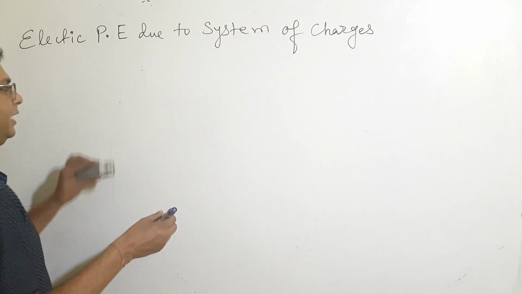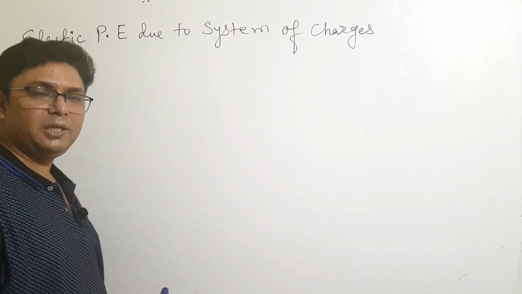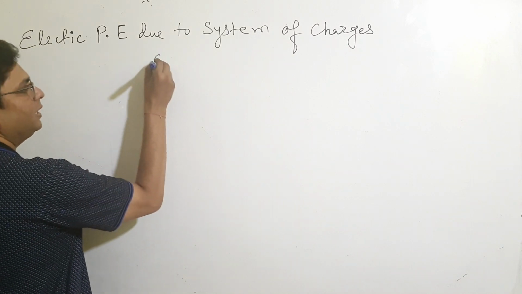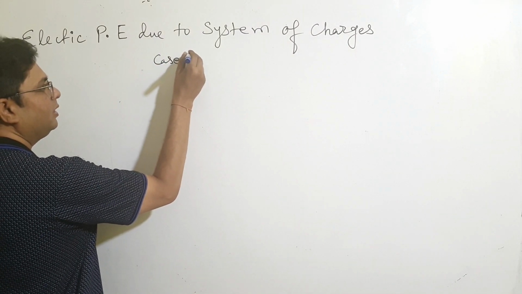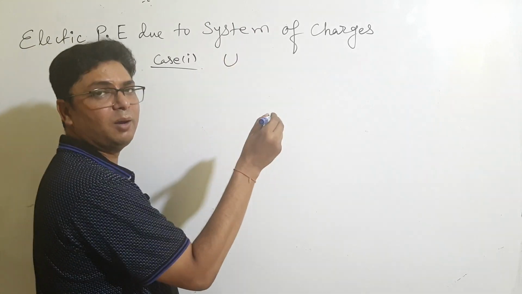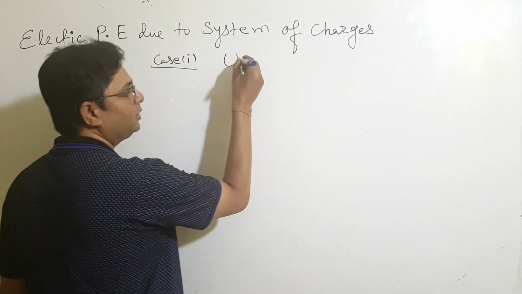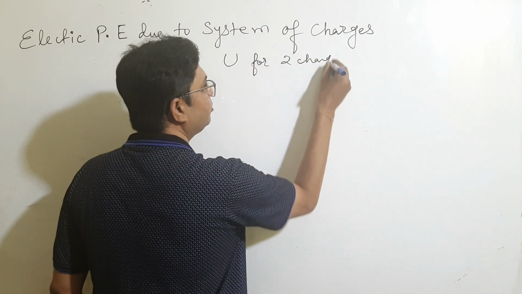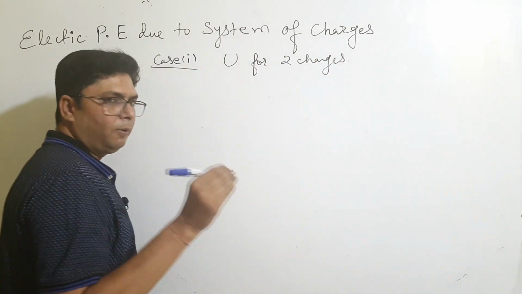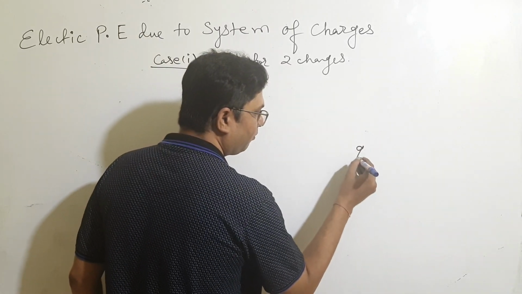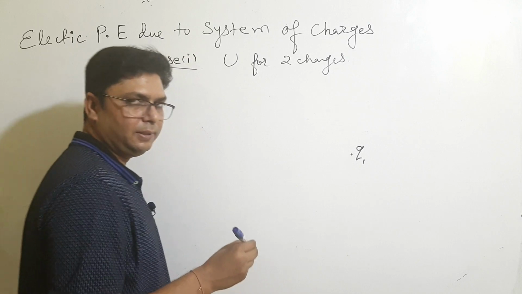First of all, we take electric potential energy for a system of two charges. This means that in case number 1 you are going to learn, U is the symbol of electric potential energy for two charges. First of all, we bring a charge Q1 from infinity to this point.